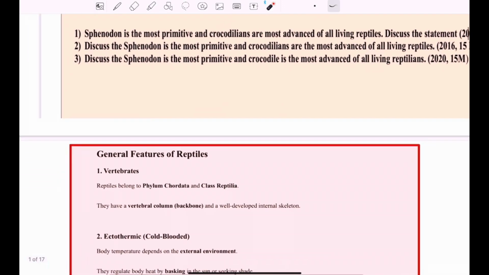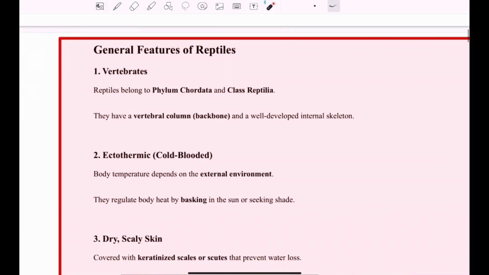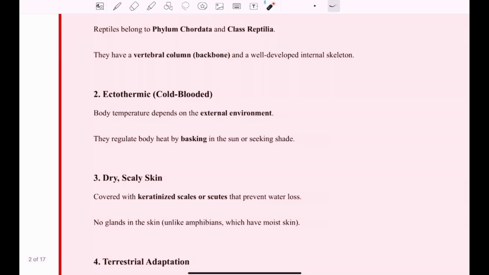So let us first understand the general features of the Reptilia. They belong to the phylum Chordata and class Reptilia, and they have a vertebral column, that is the backbone. These are ectothermic, that is cold-blooded. Cold-blooded means that the temperature of the body depends upon the external environment.